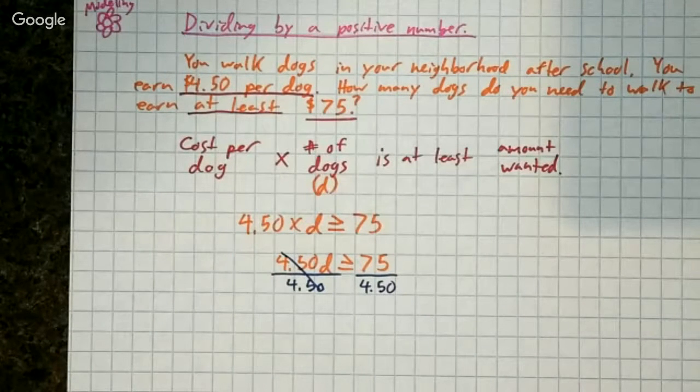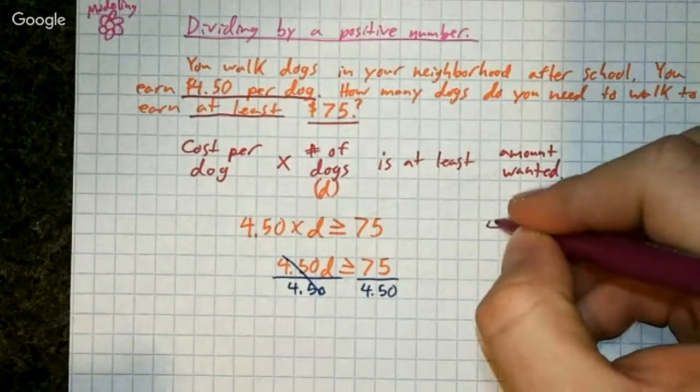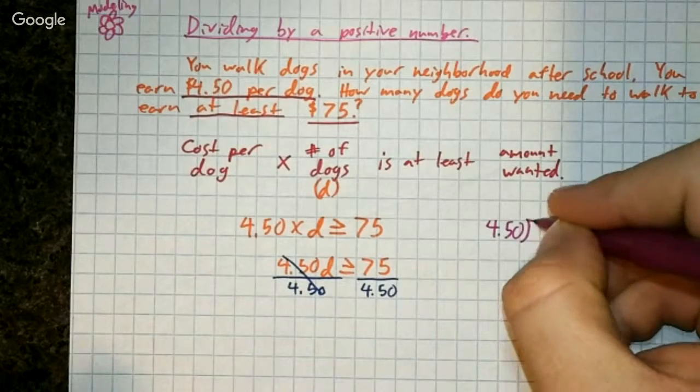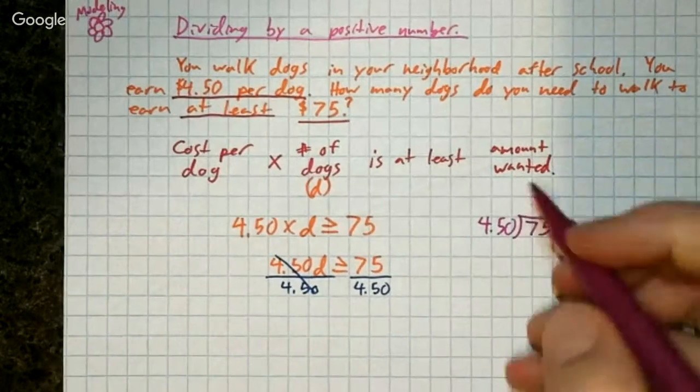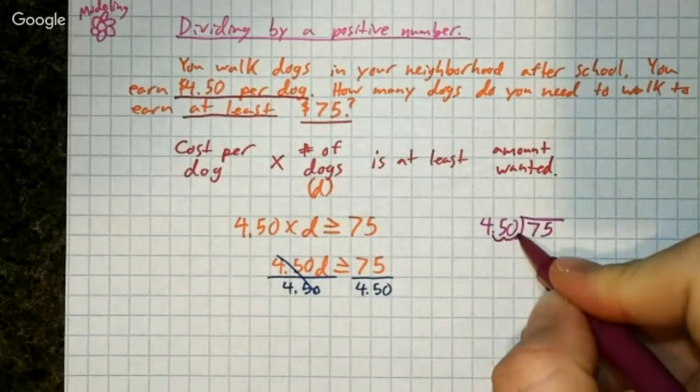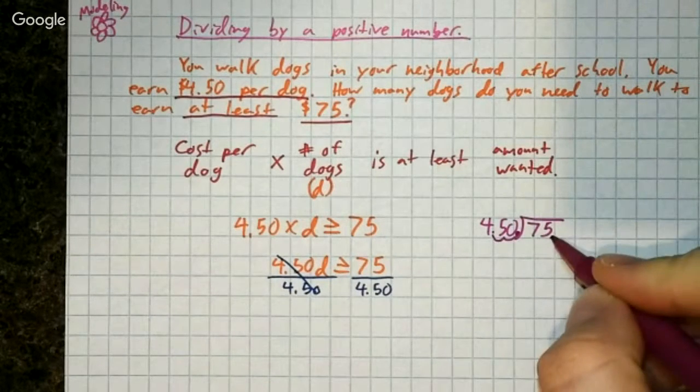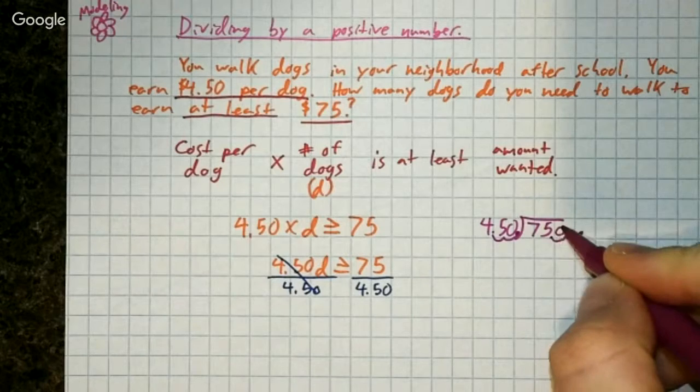I'm just going to go over on the side, because you should never be afraid to use scratch paper when you're doing notes. I'm just going to guess. First of all, how many times does 450 go into 75? What we need to remember is moving the decimals over 2 as well, and filling those in with zeros.